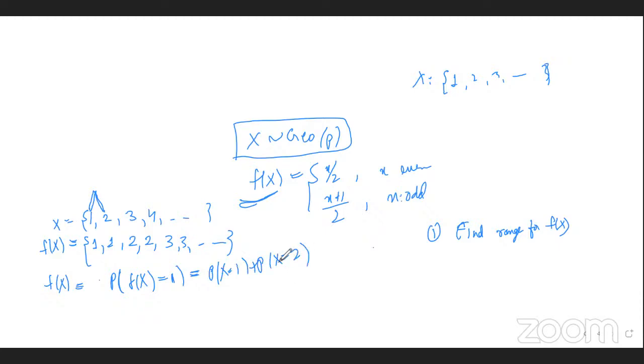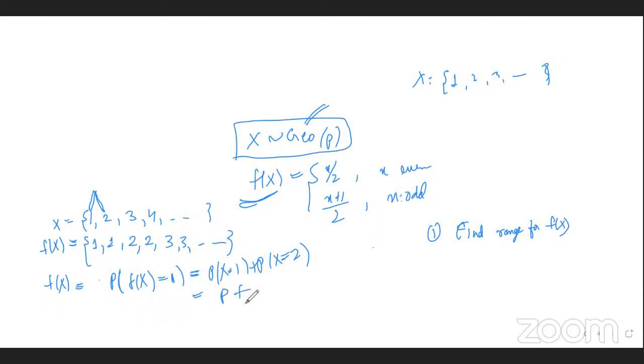Now what is probability x equals 1? We know that x is geometric p. Probability x equals 1 means that the first attempt is a success, so it is p.